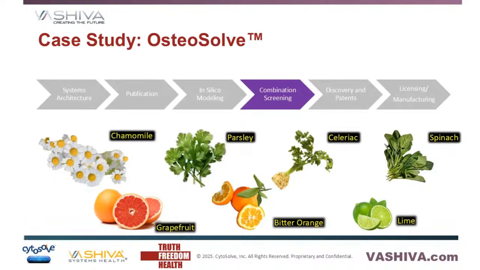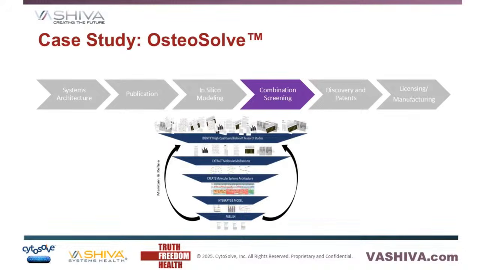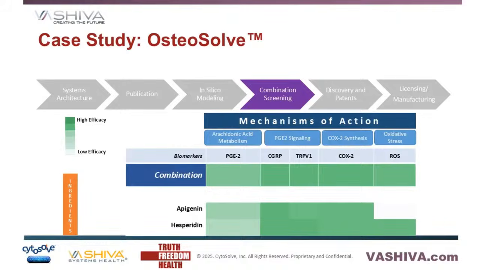Then we published it, and then we did the modeling of it. We went through all these different natural foods in nature, and we found combinations of ingredients and put them together. We were very fortunate to discover something through this process. We found 2 very powerful ingredients, the right dosages from nature, that affect all these molecular pathways in this architecture to actually reduce pain and inflammation.